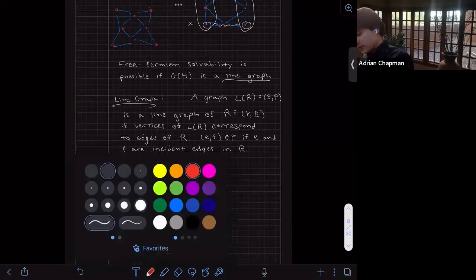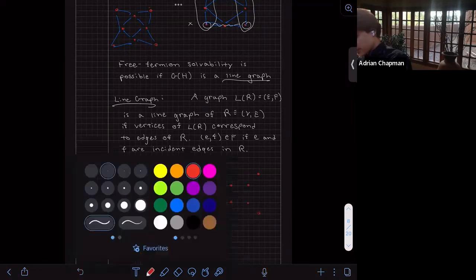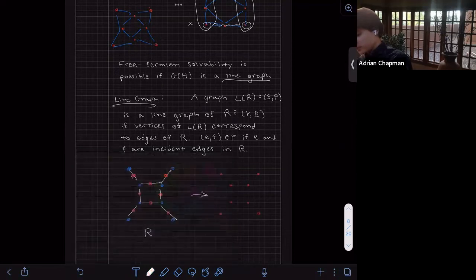And if I map to the line graph of R, then we see that each red vertex, which corresponds to the edges of R, I should say, is incident to 2 other red edges at each blue vertex.